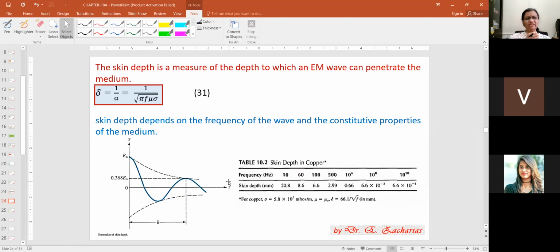I did, ma'am. You've seen it? Yes, ma'am. So antennas are made of hollow tubes, mostly aluminum. You can bring down the cost and you can bring down the weight. You don't have to use solid conductor. Why? Because the signal is not going to penetrate beyond the skin depth. So that's the reason why hollow tubes are used.